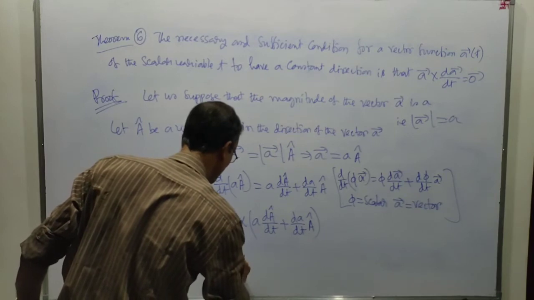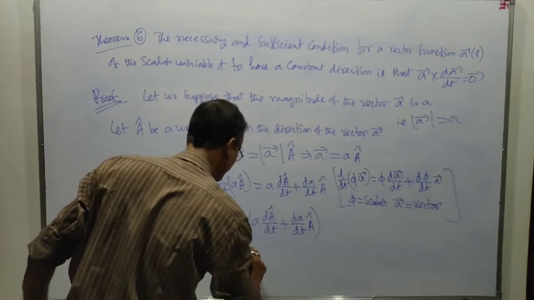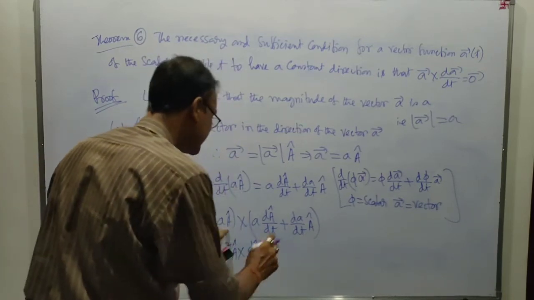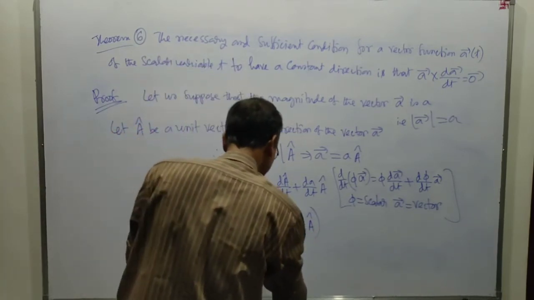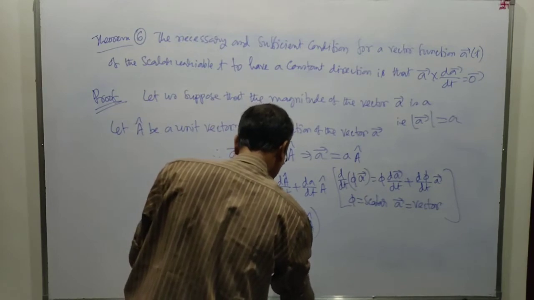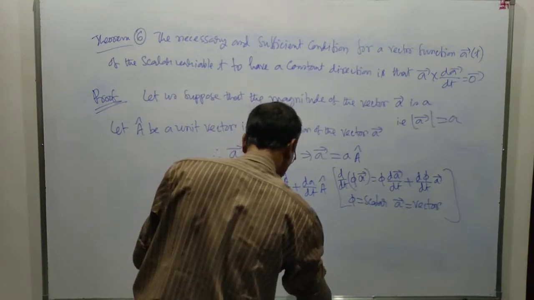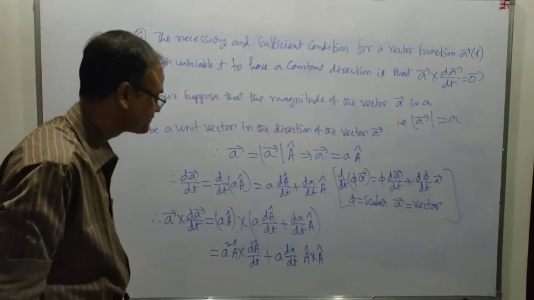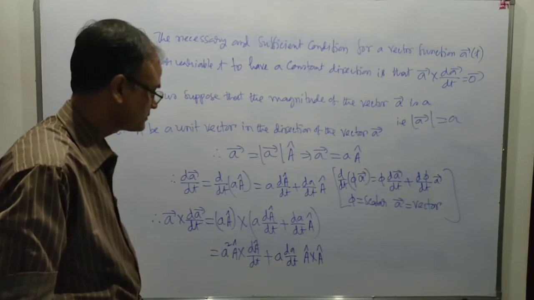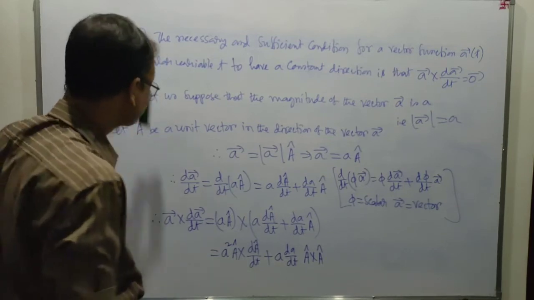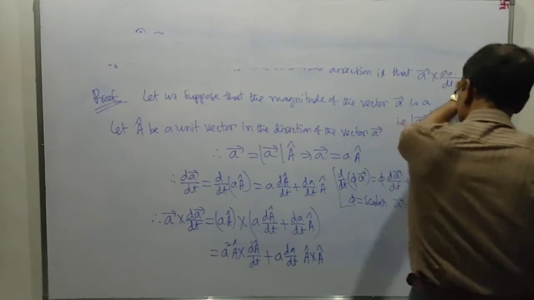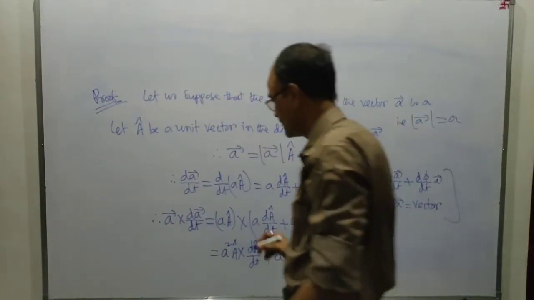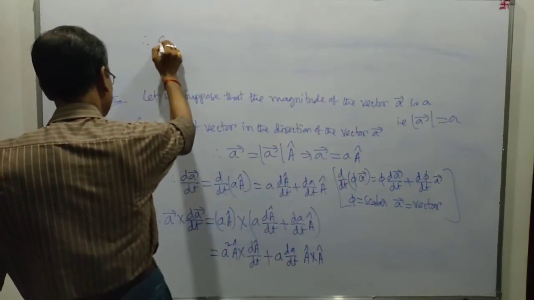It will be equal to A square A cap cross dA cap by dt plus A dA by dt, A cap cross A cap. It will be a scalar and it will be a vector.